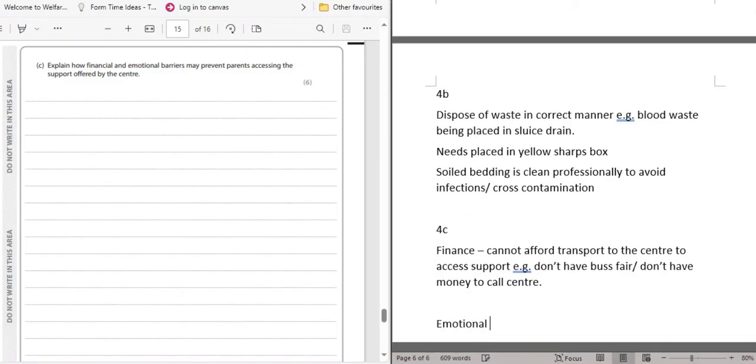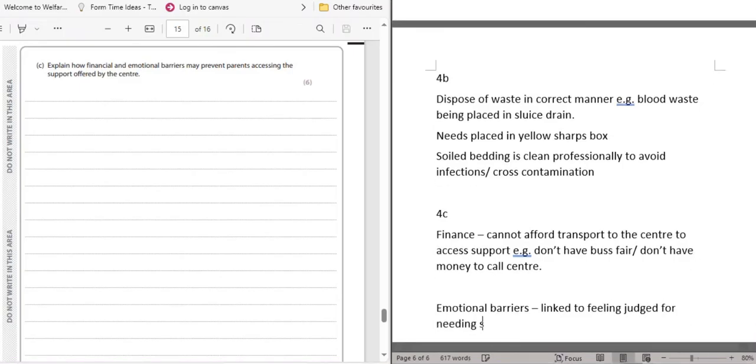Emotional. Yeah, emotional barriers are linked to feeling judged or needing support, and also the idea of the stigma of needing help to care for children.